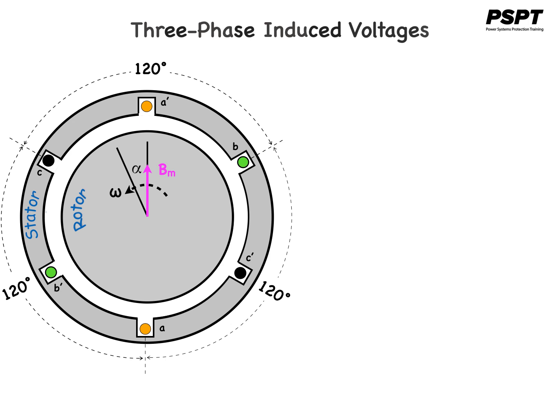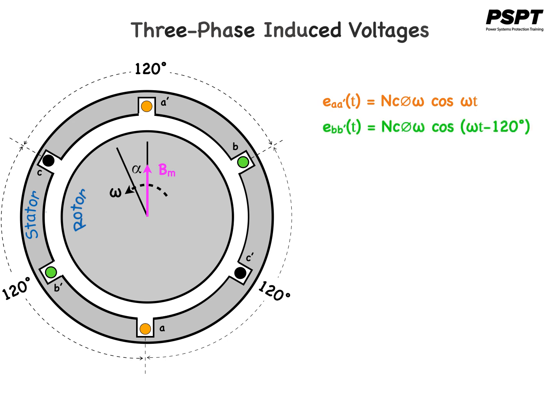The resulting voltages in each of the three coils are, for the orange coil, we'll designate it as EAA primed as a function of t is equal to NC phi omega cos omega t.